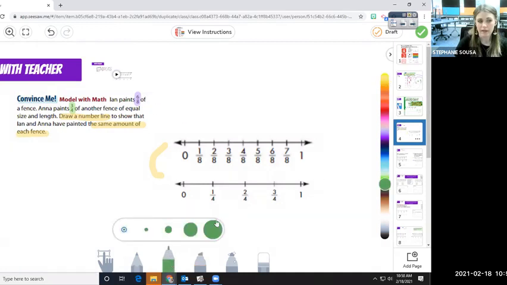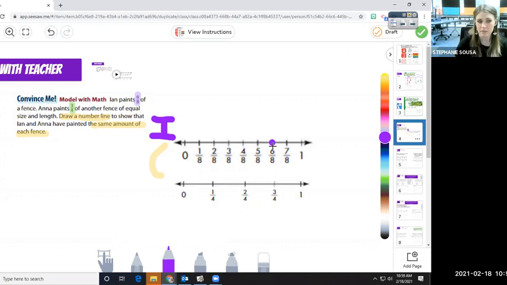Okay, so let's go ahead and get ready here. I highlighted Ian in purple, so I'm going to change Ian's dot to purple. And I know that Ian worked with 8s, so I'm going to work on the number line that has 8s. And I'll even put an I right here for Ian. 6 8s: 1 8, 2 8s, 3 8s, 4 8s, 5 8s, 6 8s.